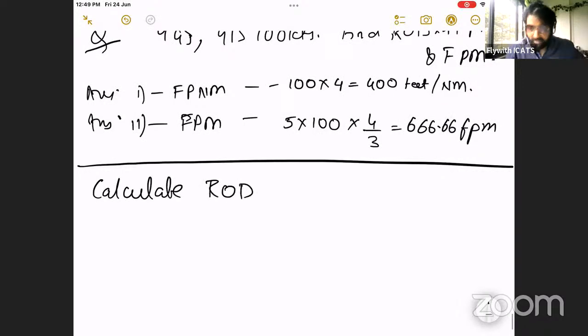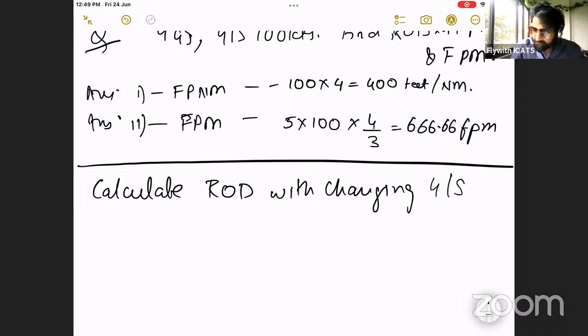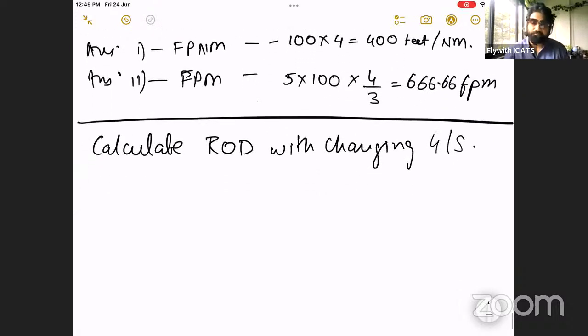Calculate ROD with changing ground speed. There are chances that during your descent, your ground speed might decrease due to deceleration or increase due to acceleration. So if your ground speed is changing, what will happen to your rate of descent? It is also going to change.